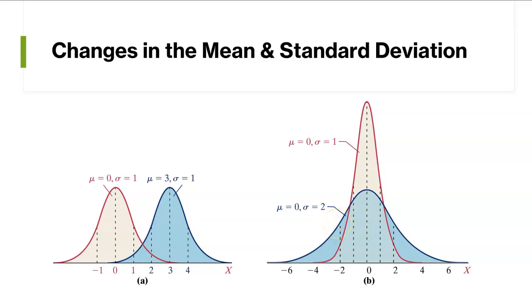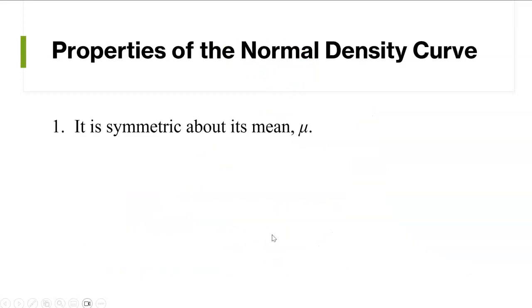Remember, standard deviation is a measure of spread, and so it's going to change how that graph is spread out. The bigger the standard deviation, the more spread out your data is, which means the flatter your graph is going to be. Notice this one has a standard deviation of 2 and it's flatter than the one that has a standard deviation of 1, okay? So it's important that you know how the mean and the standard deviation will change your normal curve.